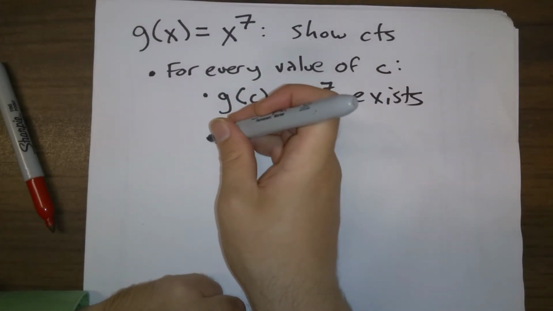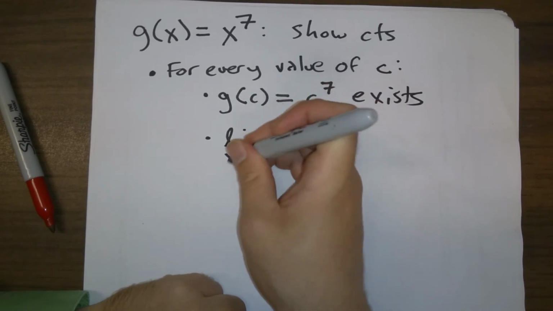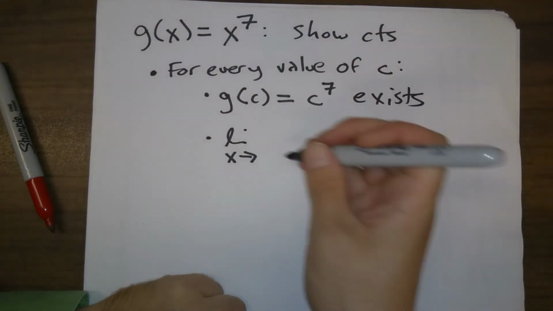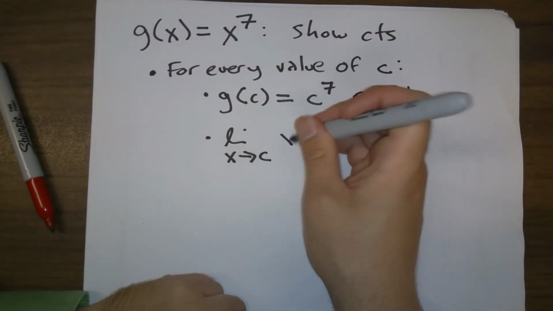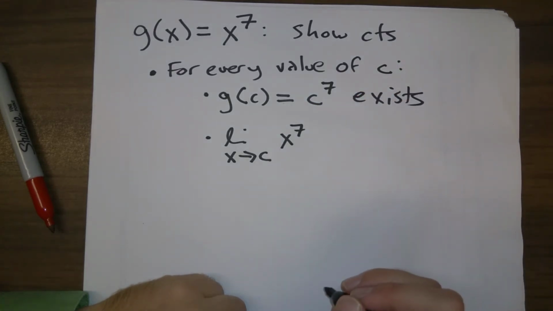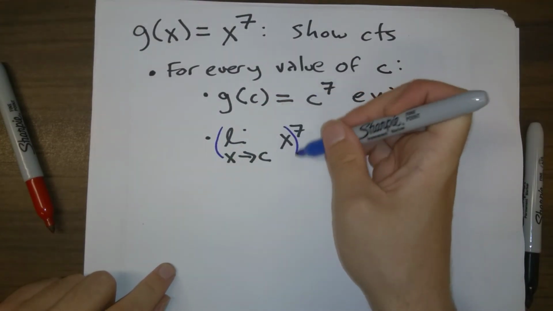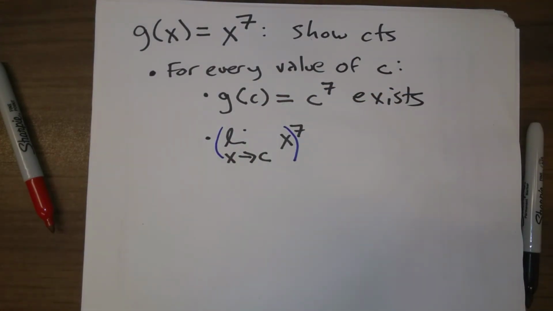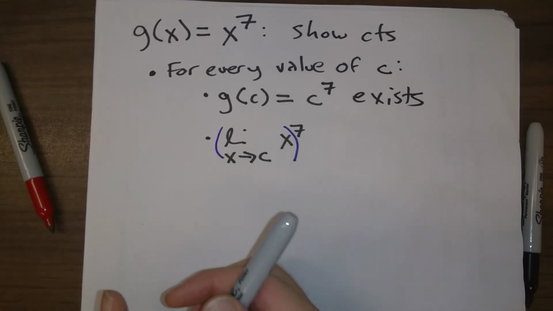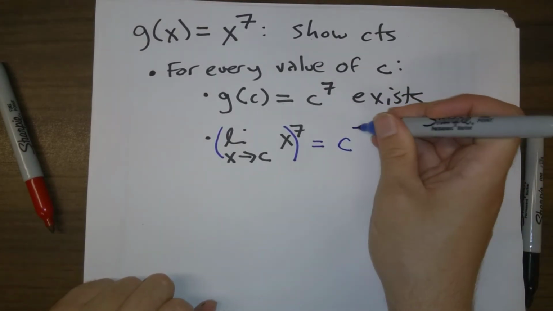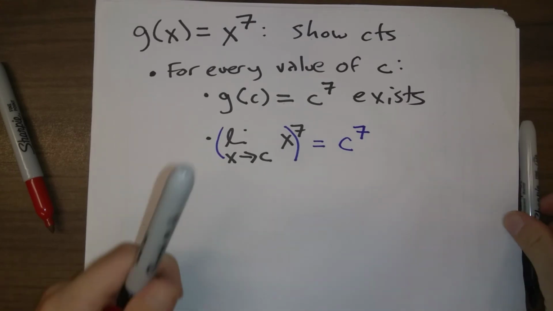The second is that we want to check the limit as x goes to c of x to the 7th. By properties that we were just looking at in the previous section, our basic limit laws, that's the limit as x goes to c of x, all of that raised to the 7th, which is going to be c to the 7th. So this exists.